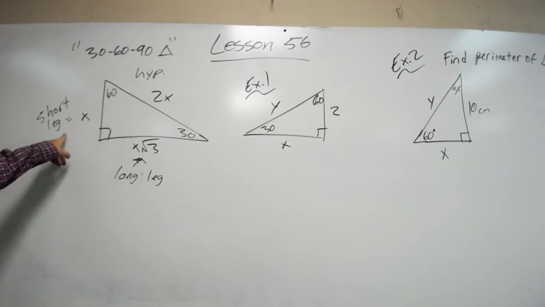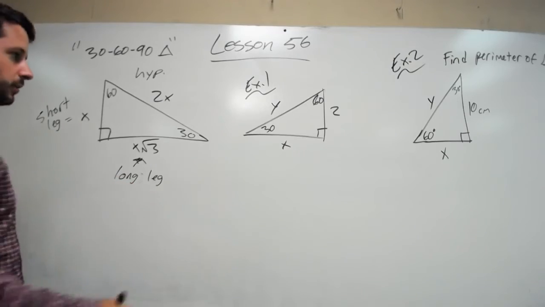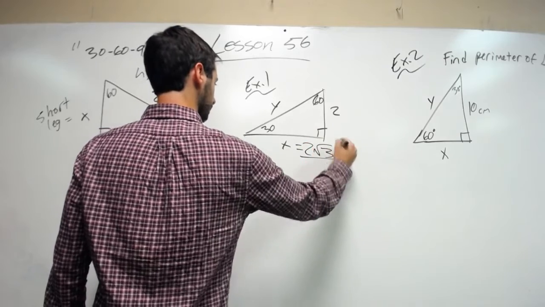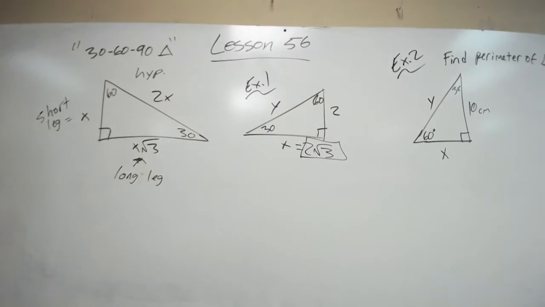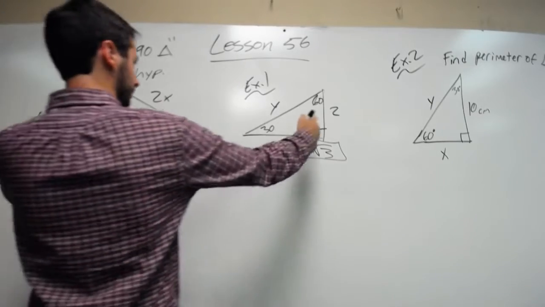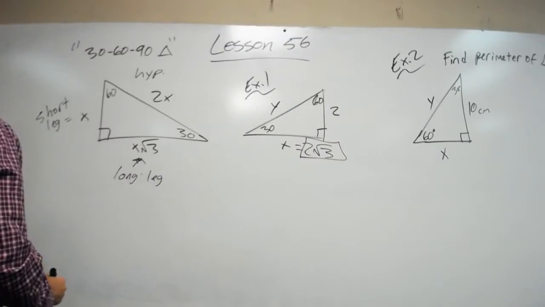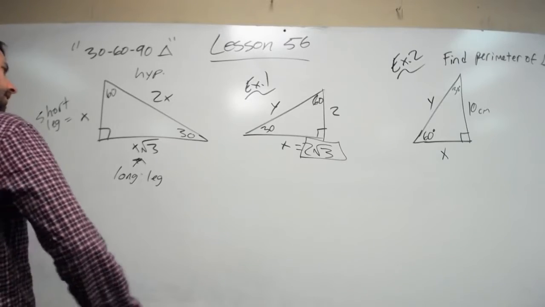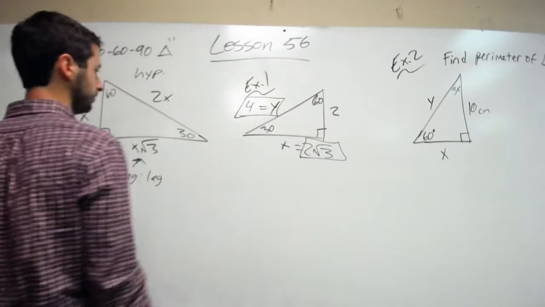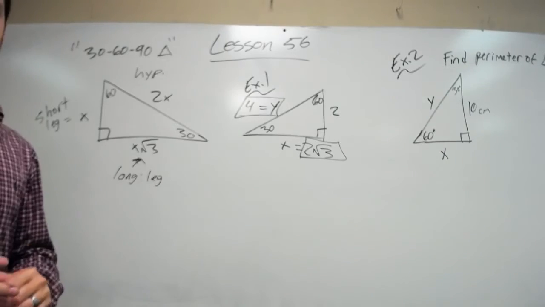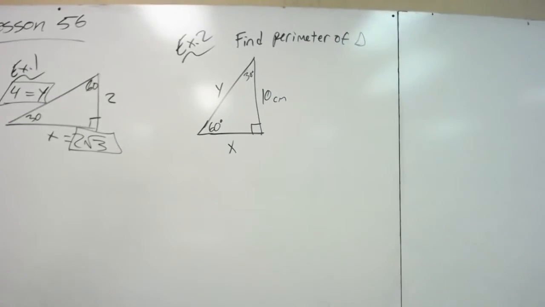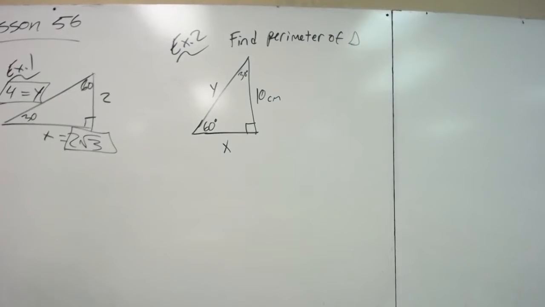So here we multiply the 2 by radical 3, and the long leg is 2 radical 3. To get from the short leg to the hypotenuse, you multiply your x value by 2. So 2 times 2 is 4. Your short leg is basically your starting point, which you need to find all the values in the triangle.